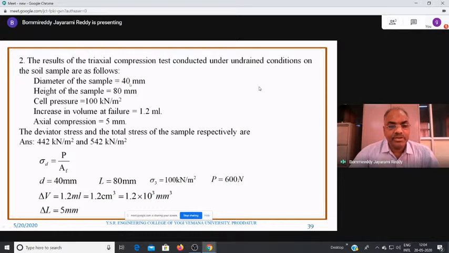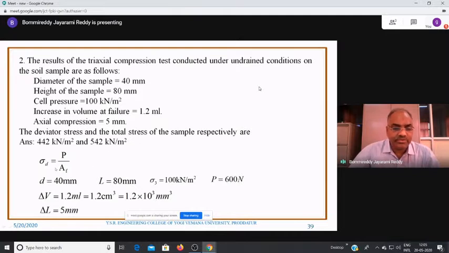Diameter of the sample 840, height of the sample 80, cell pressure sigma 3 100, increase in volume at failure 1.2 ml, axial compression 5 mm. You have to calculate the deviator stress and the total stress of the sample respectively.